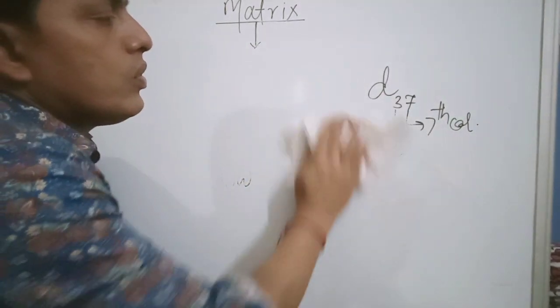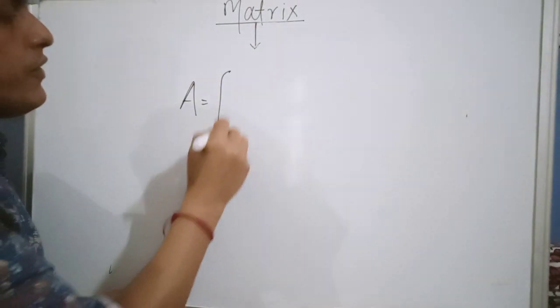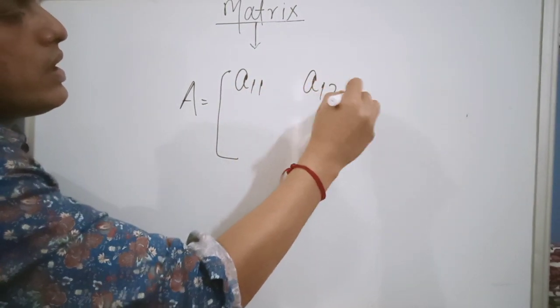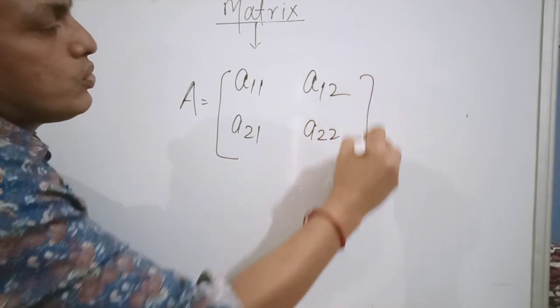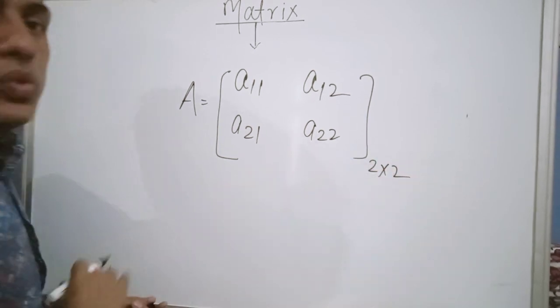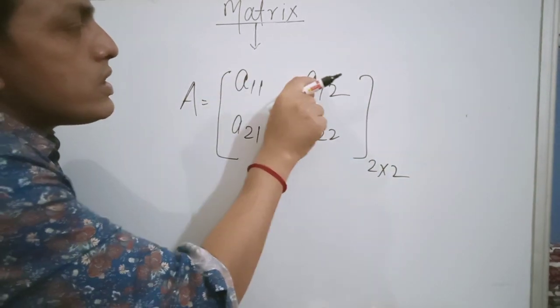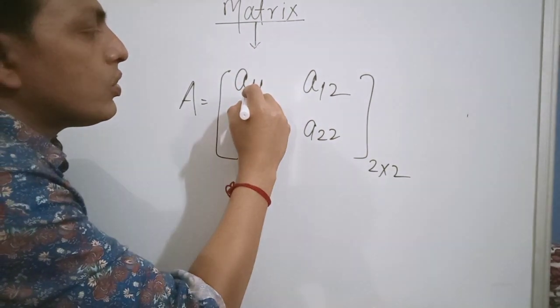So the symbol of the matrix that I have discussed over here is a11, a12, a21, a22 with order 2 by 2. This is row number 1. Can you see?